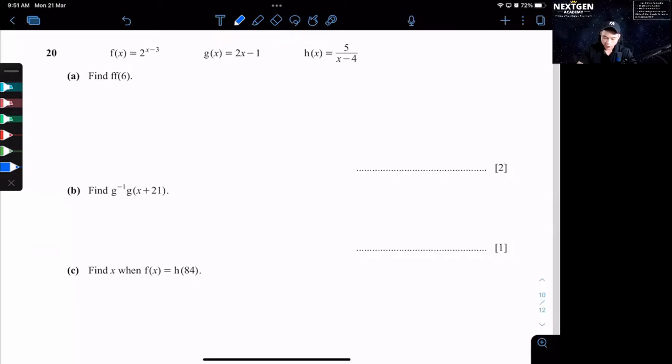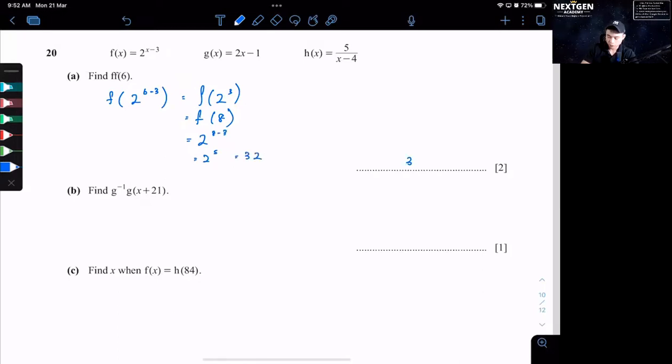Find F6. So for F, we just replace the x with 6 right now. 6 minus 3, this will be f of 2 to the power of 3. 2 to the power of 3 equals 8. Then repeat the same thing again. 8 minus 3, this will be 2 to the power of 5. 2 to the power of 5 equals 32.